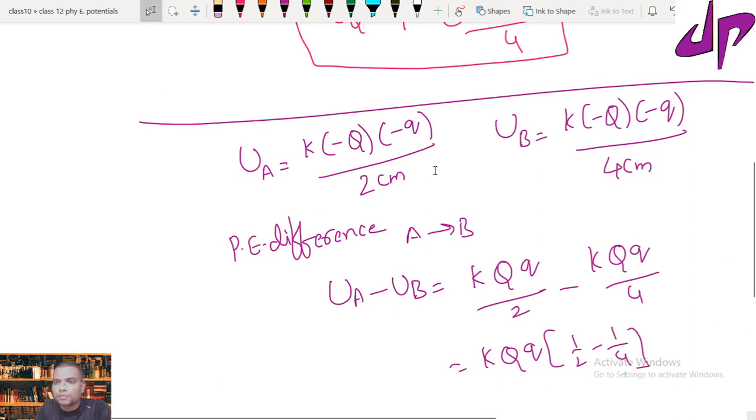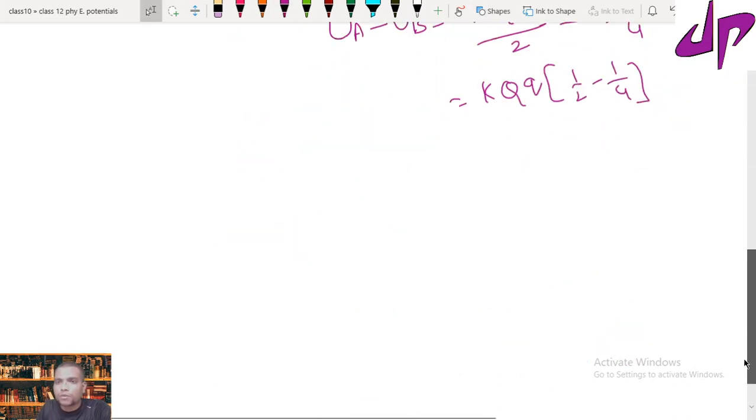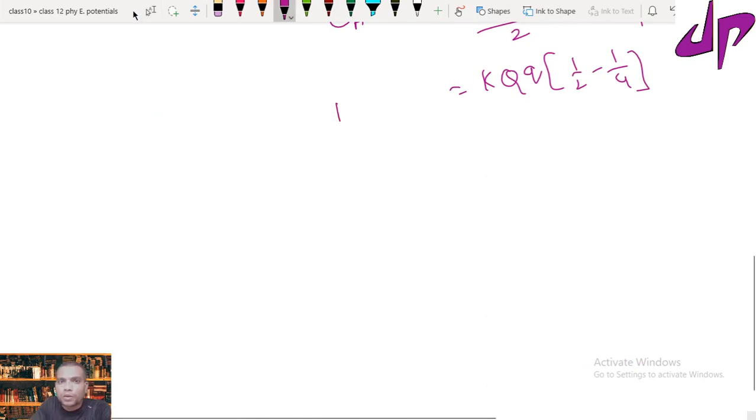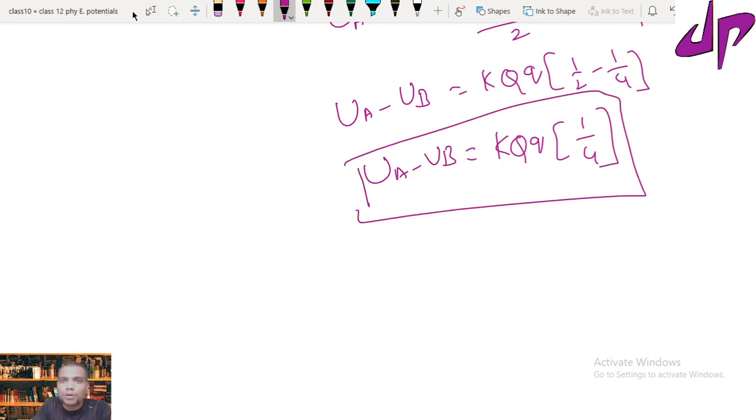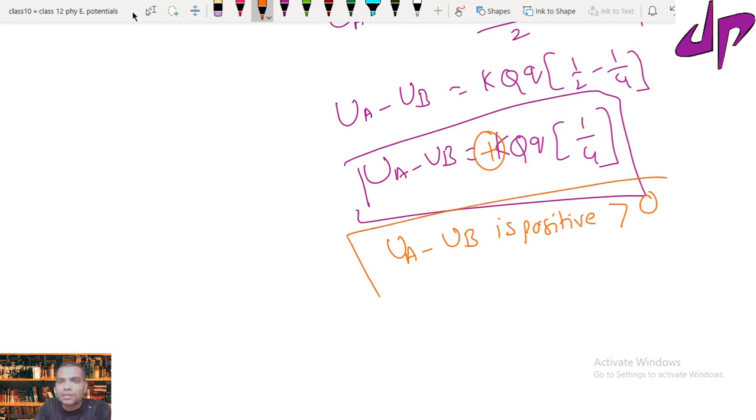Doing the LCM, 1 by 2 minus 1 by 4, you get the potential energy at A minus the potential energy at B equals KQq times 1 over 4. Here we need to bother about the sign. We got this value as positive, so the potential energy difference U_A minus U_B is positive, which is nothing but greater than 0.